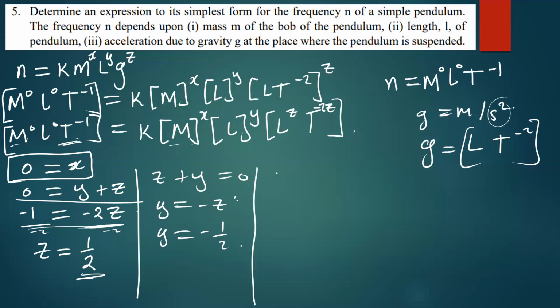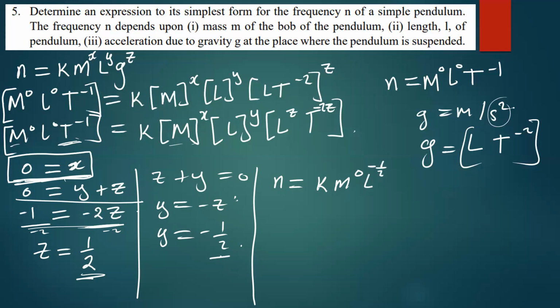So we can write our formula. The formula for frequency will therefore be equal to k, and then the power of M is 0, which is x. Then the power of L is y, which is negative half.